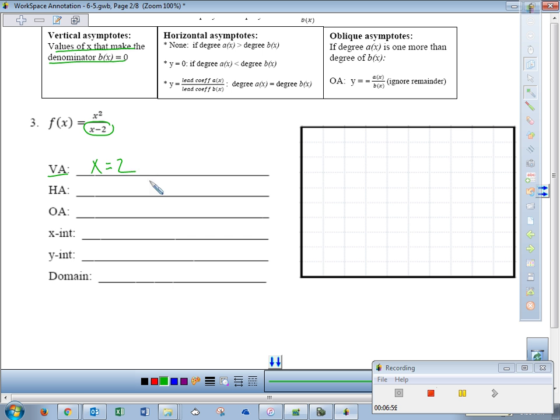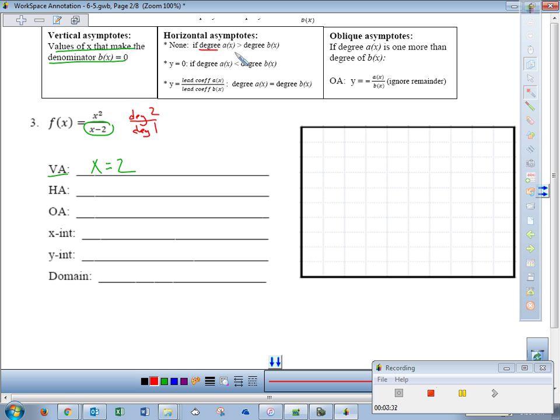So when we graph this, we'll see something weird happen at that x equals 2. It'll be an asymptote. Horizontal asymptotes, you've got to check all 3 cases. Let's look at the degree. If you like to write them off to the side, that might help you. This has degree 2 in the numerator, correct? And what's the degree of the denominator? Degree 1. The numerator's degree is greater than the denominator's degree.